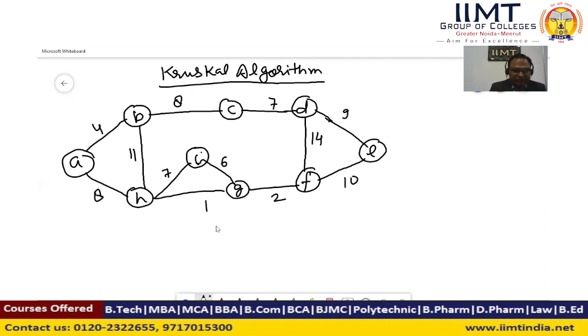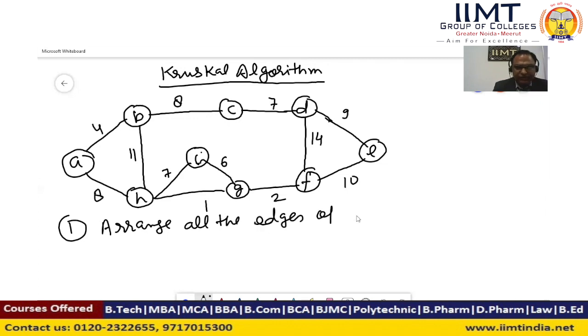Now we have to apply the Kruskal algorithm on this graph. So what does it say? Step number 1: arrange all the edges of the given graph in increasing order of weight.